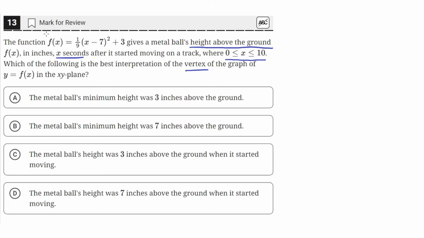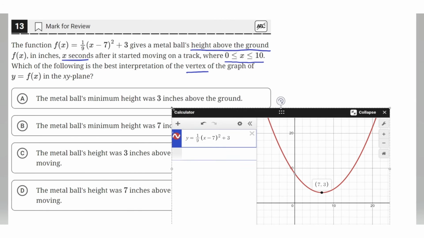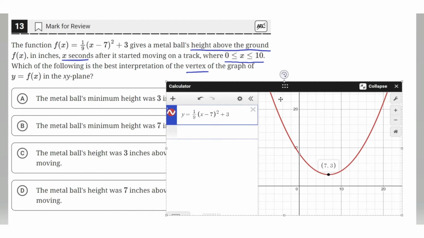So we can graph this function in our graphing utility, and it will look like this parabola. So we graph the function y equals f of x as a function of x, this number of seconds.